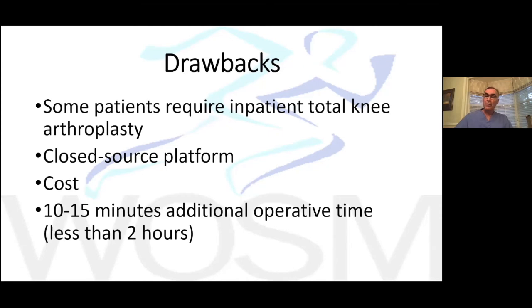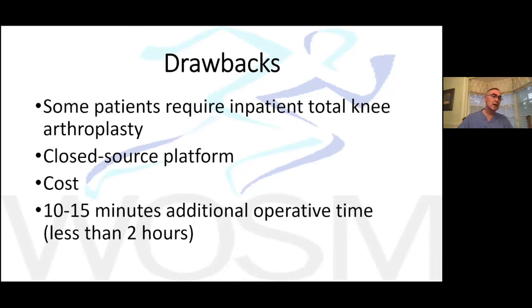What are the drawbacks of this? Well, some patients do require inpatient total knee arthroplasty. There are patients who have substantial medical or other orthopedic comorbidities that require that this be done in a hospital, and that they quite possibly go to an inpatient skilled nursing facility thereafter.